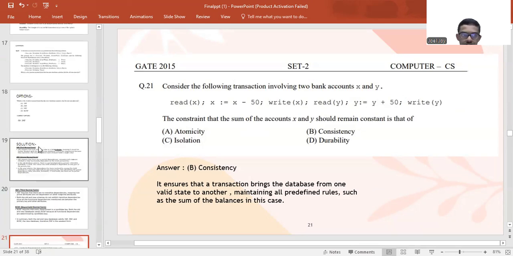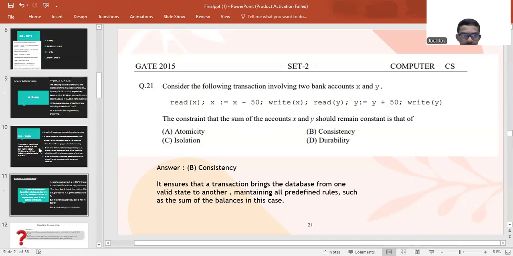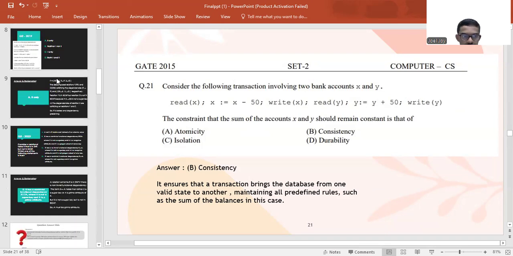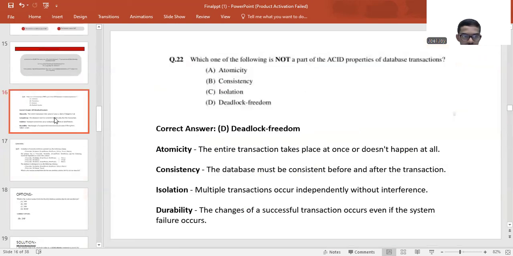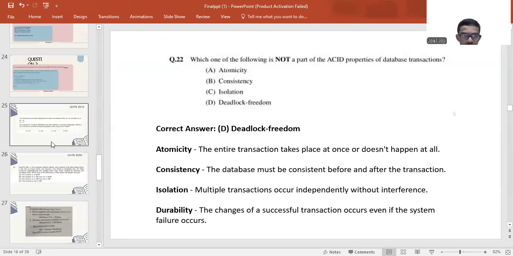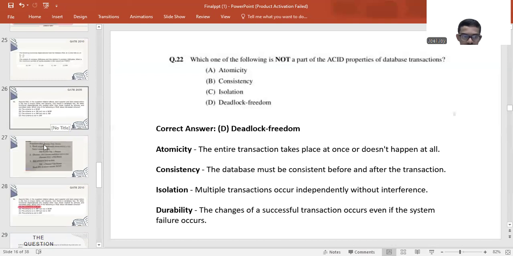Why? Because, as I've said before, consistency means the database must be consistent before and after the transaction. Consistency ensures that it is consistent throughout the process.